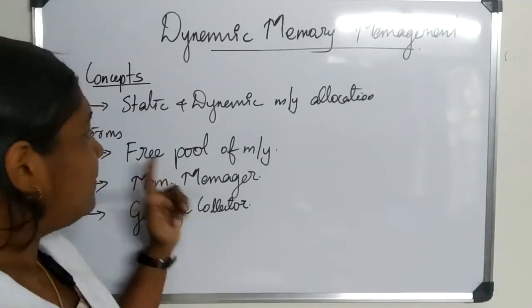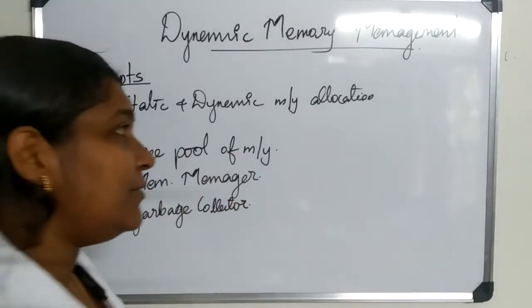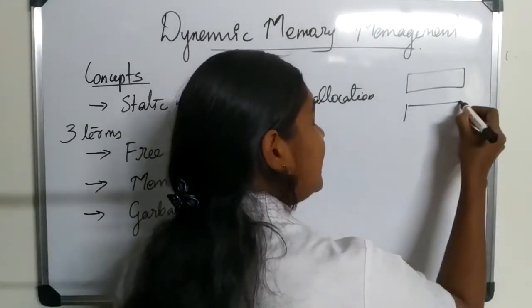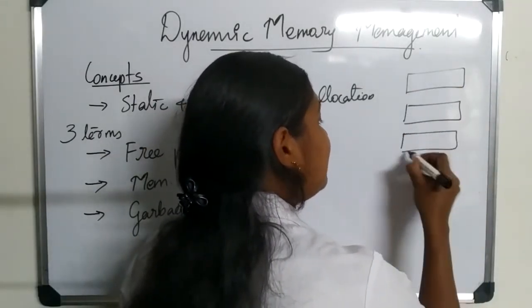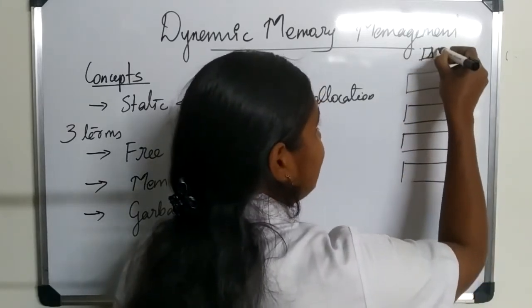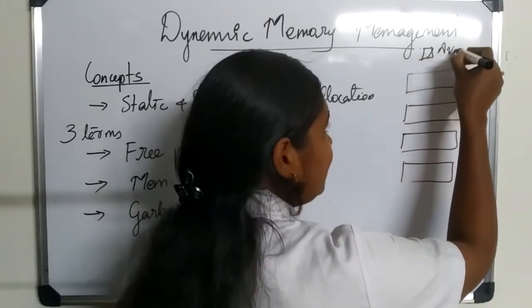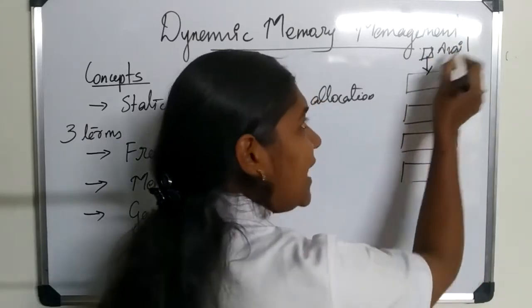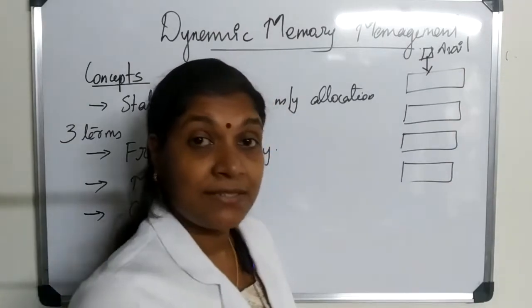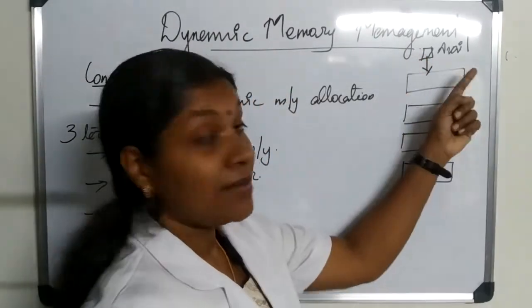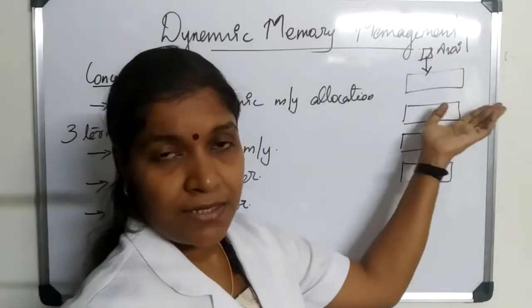Normally it would be arranged as a linked list, and there is a method for arranging this memory pool. Here the header of the linked list, which indicates availability, is known as the avail tag.